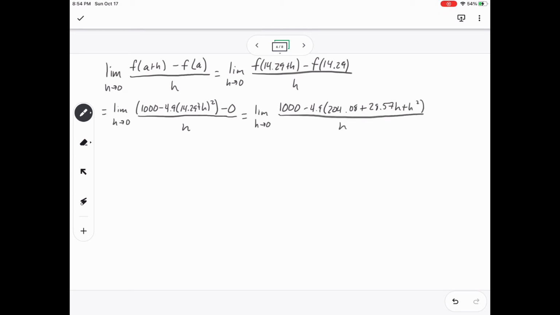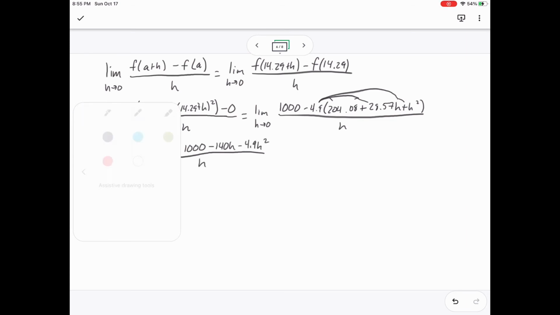And then I'm going to have to distribute that negative 4.9 through to everything. And so I get 1,000 minus, actually, negative 4.9 times 204.08 is actually 1,000. Okay, and then negative 4.9 times 28.57, which is actually going to be a nice number as well, so it's negative 140h. And then negative 4.9 times h squared is just negative 4.9h squared.